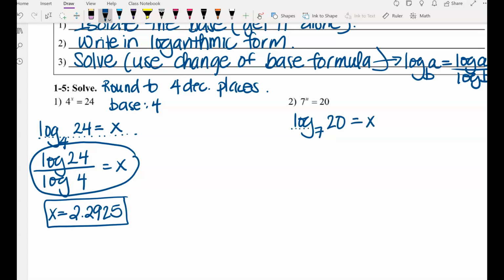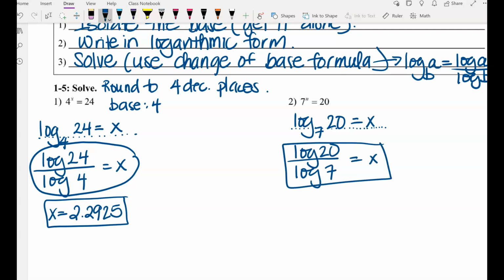And again, remember, I want to see your base below all of these things, okay? Now we are going to use change of base. So log of 20 divided by log of 7. Leave it like that. That is the exact form using the change of base.